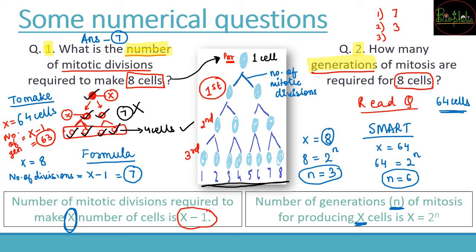Right? So it will require 6 generations to form 64 cells. So with this smart little formula, you can easily find out the number of generations that are required, as well as, पहले वाले formula से, you can find the number of mitotic divisions.